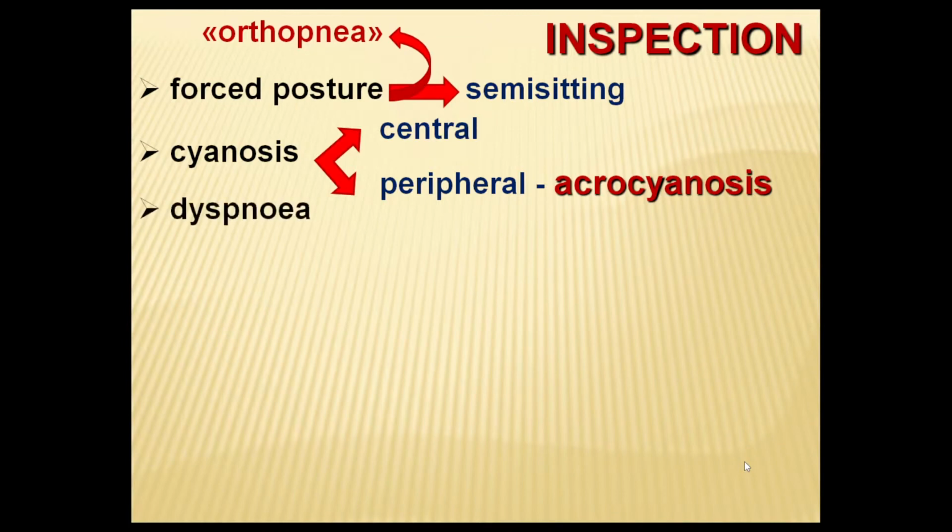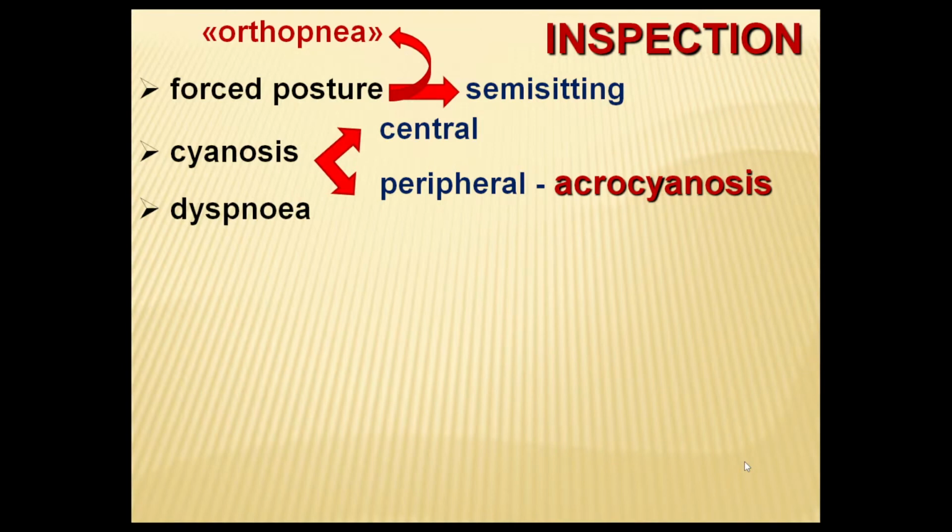We can see difficult breathing of the patient. Usually we breathe through the nose and our breathing is invisible. We can talk and eat together with breathing, and this process does not restrict our breathing. A patient with progressive heart failure begins to breathe through the mouth.